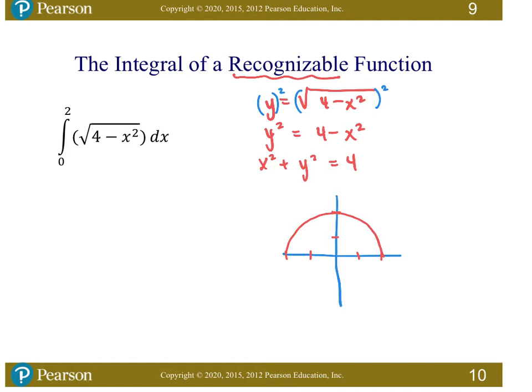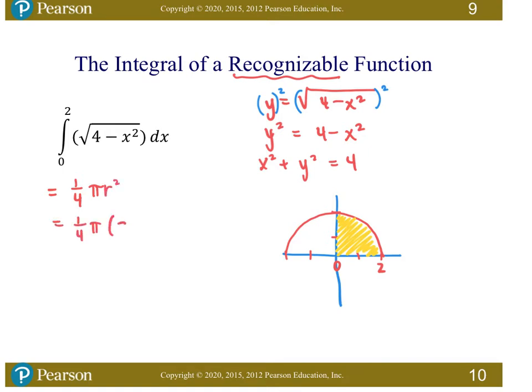Now I want the area beneath that curve, between that curve and the x-axis, but I want my bounds on 0 to 2. And so the area I'm looking at is only in the first quadrant because I'm limited from 0 to 2. So I'm really only looking at a quarter of a circle. And so I want 1/4 pi r squared.